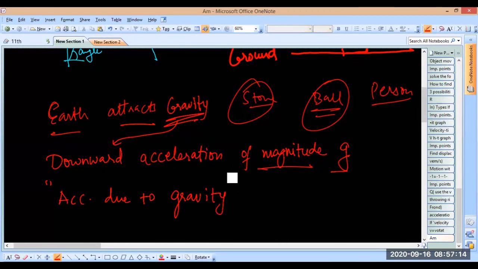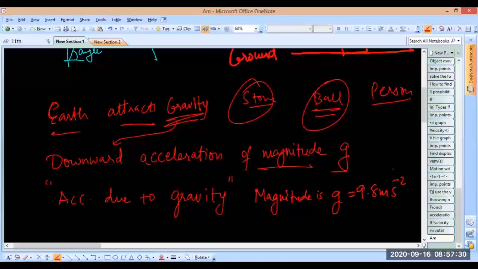How much is that acceleration due to gravity? Its magnitude is g. So how much is g? 9.8 meter per second square. That's what you have learned. I'm sure you have learned that in 9th standard.